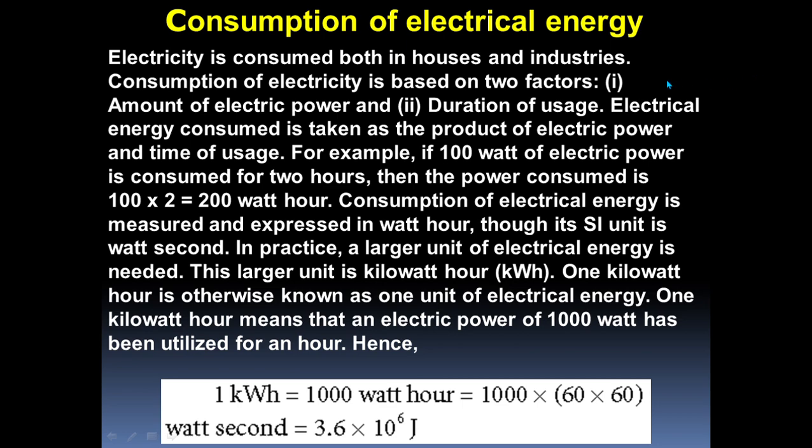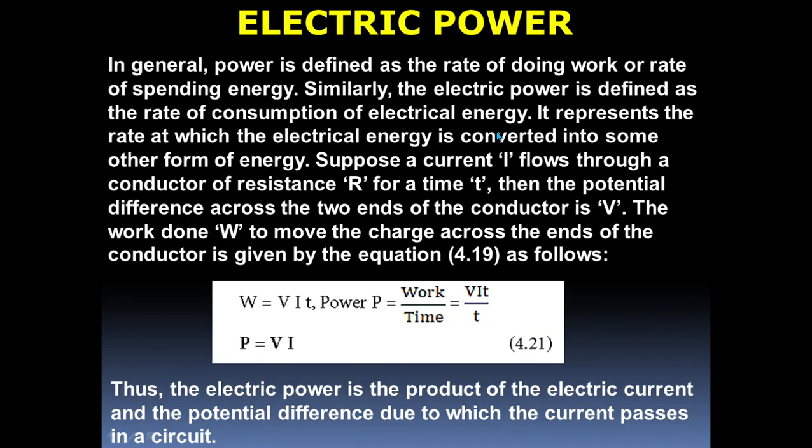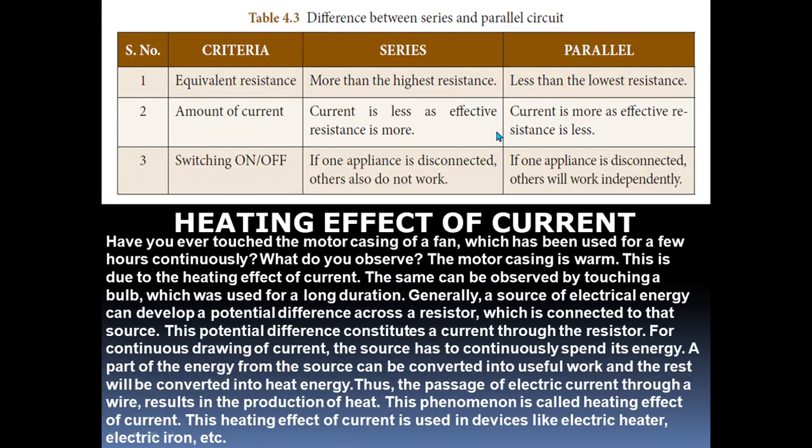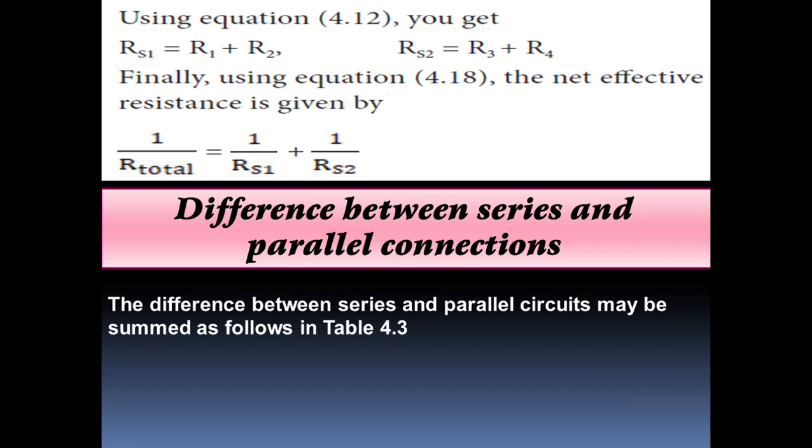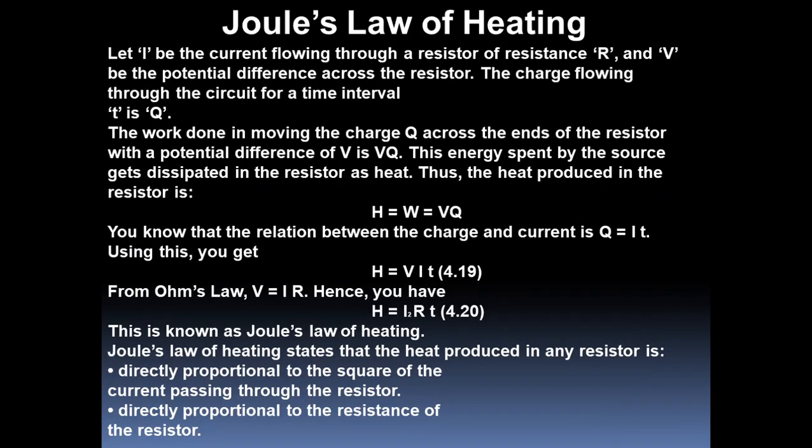Once again, the definition of Joule's heating. What is meant by Joule's law? Joule's law of heating states that the heat produced in any resistor is directly proportional to the square of the current passing through the resistor.